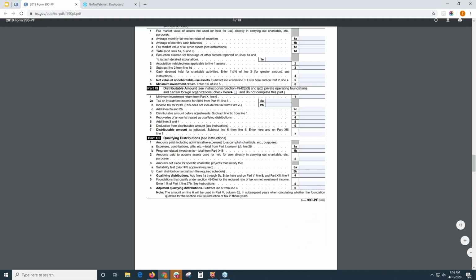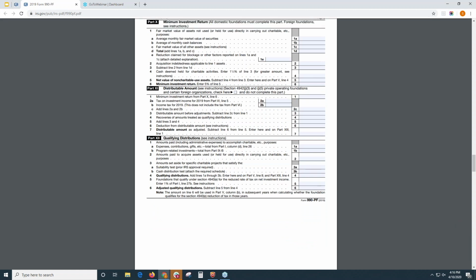So in Part 11, that's for distributable amount. The distributable amount for 2019 is the amount that the foundation must distribute by the end of 2020 as qualifying distributions to avoid the 30% tax on the undistributed portion. So in Part 12, we have qualifying distributions.